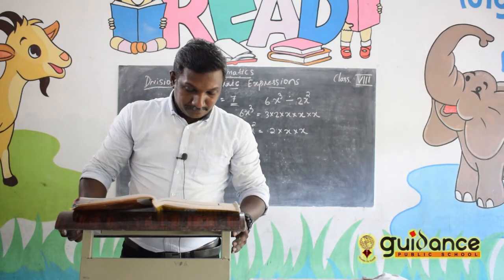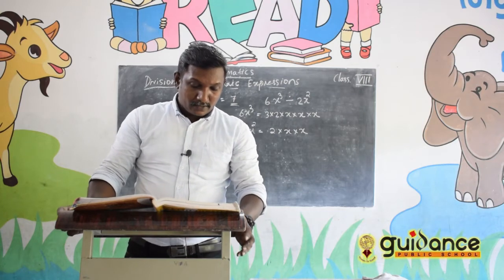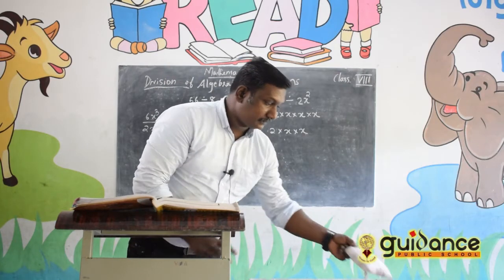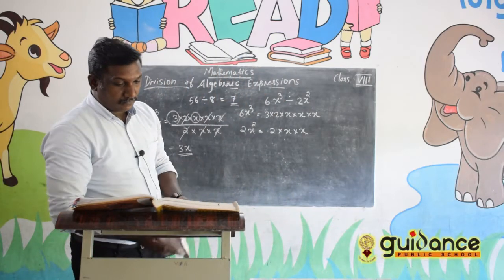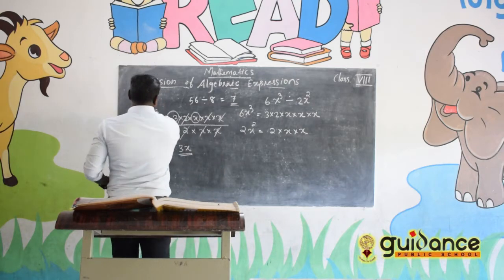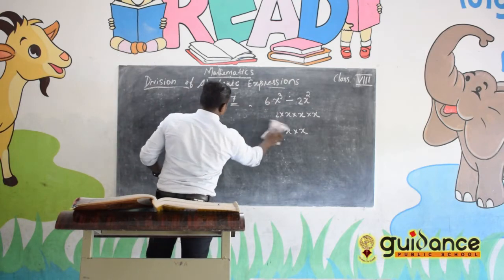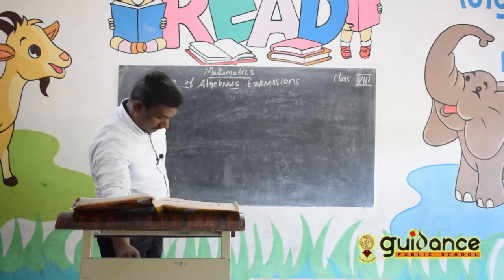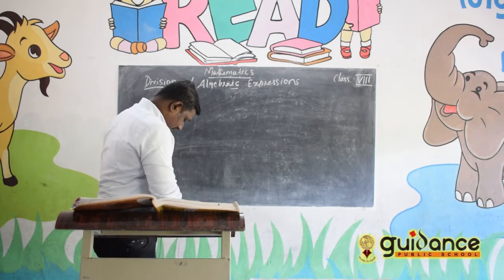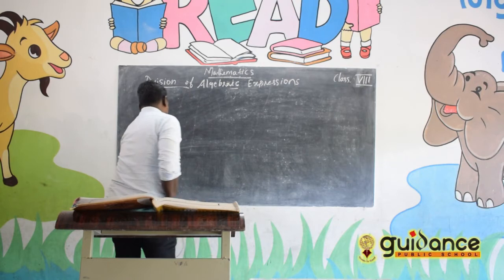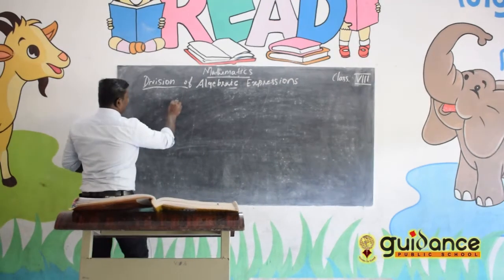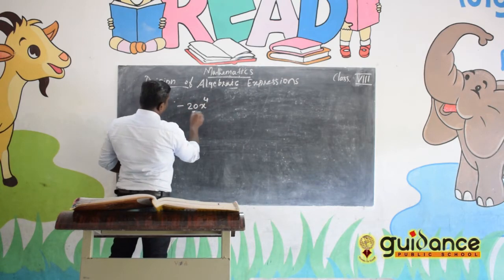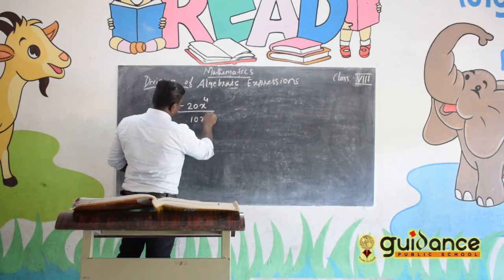So for another example, minus 20x raised to 4 divided by 10x square. Minus 20x raised to 4 divided by 10x square.